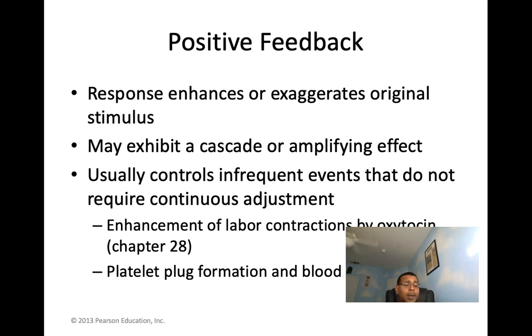Oxytocin causes the contractions to become both more frequent and more powerful. The increased contractions are going to cause more oxytocin to be released, which causes more contractions to occur.